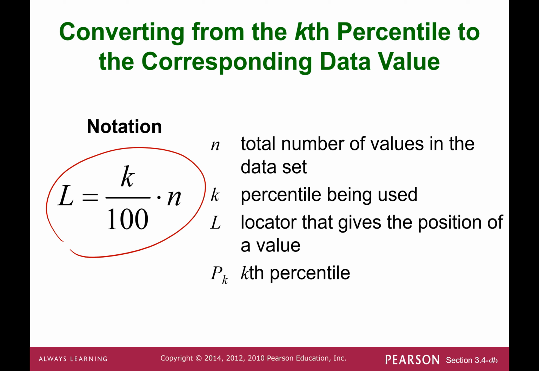L means locator, which gives us the position of the data value. K is the percentile being used. N is the total number of data values in the data set, which you can also call the sample size. And P sub k represents the kth percentile, as we explained in the earlier slide. So the locator equals n times k over 100.